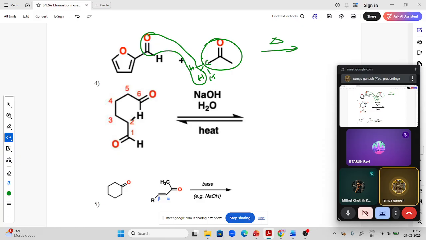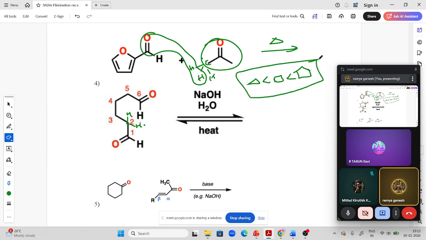Is this an intramolecular aldol? Yes, ma'am. But, ma'am, I get confused. Where does the hydrogen get lost? In position 2 or position 5, ma'am? Position 2. Position 5, if you lose it, aren't you making a still smaller ring? According to your Bayer strain theory, this is better than this is better than this.